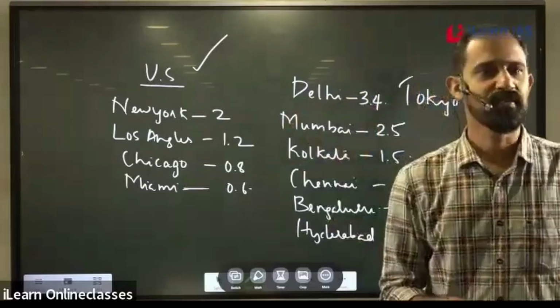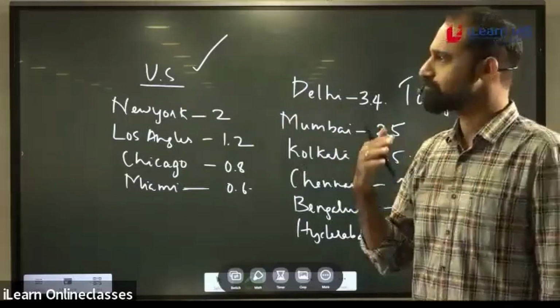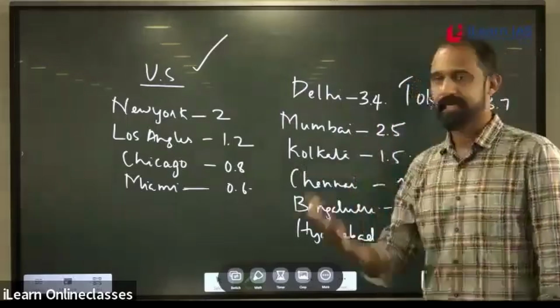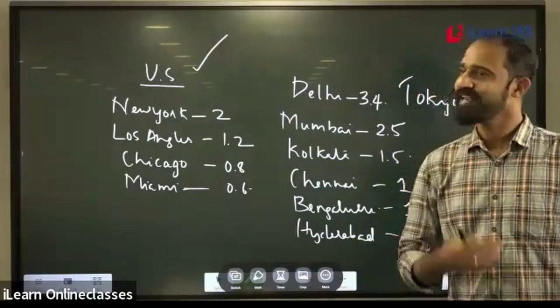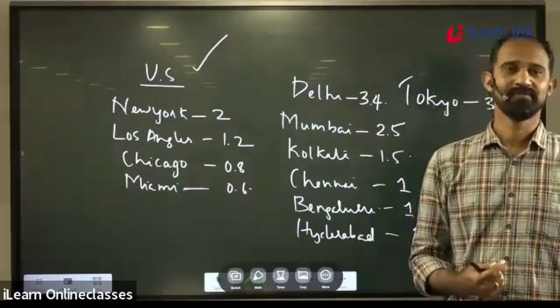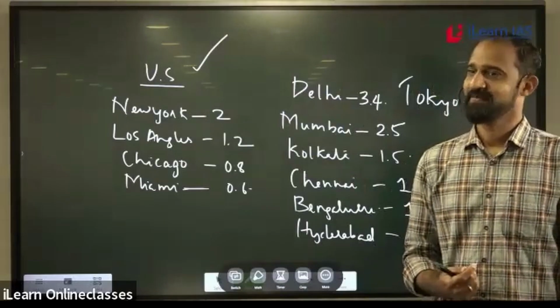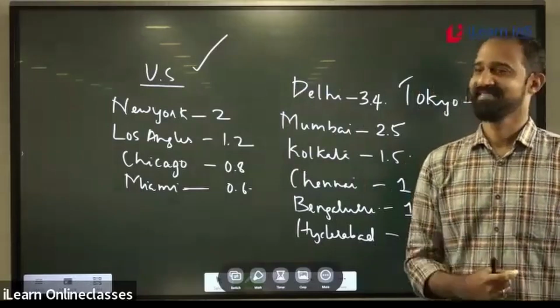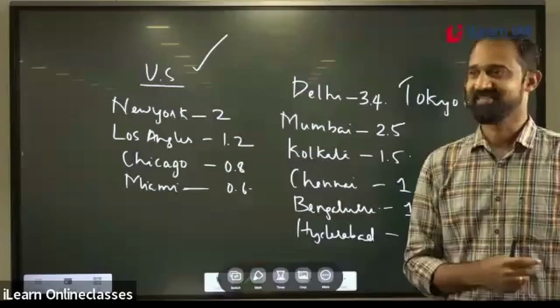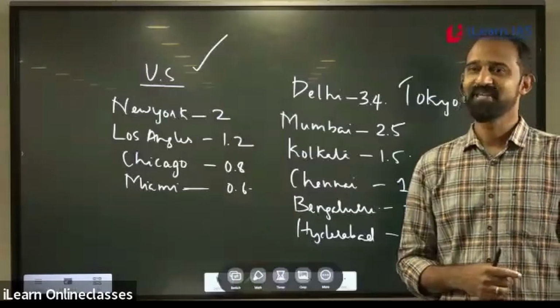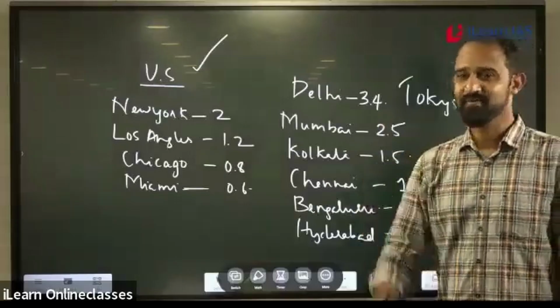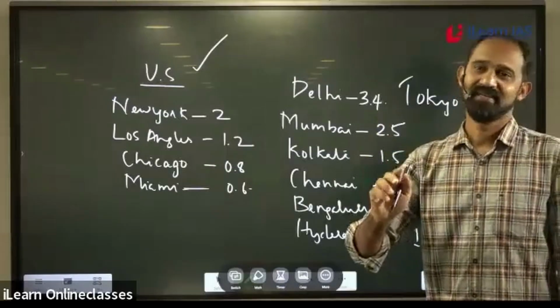So take the case of Malaysia. Do you know any other city in Malaysia other than Kuala Lumpur? What about the Philippines? What about Indonesia? What about Bangladesh? Usually you will be knowing only one city, and that will be the dominant city.